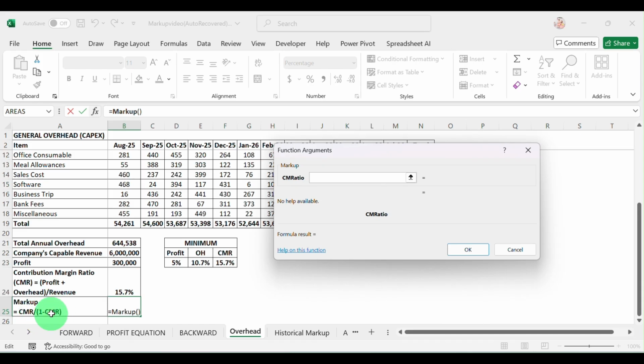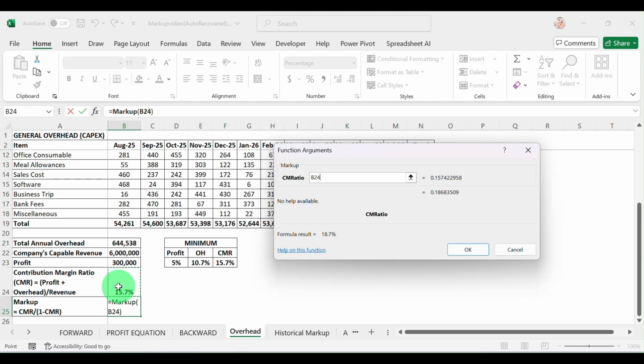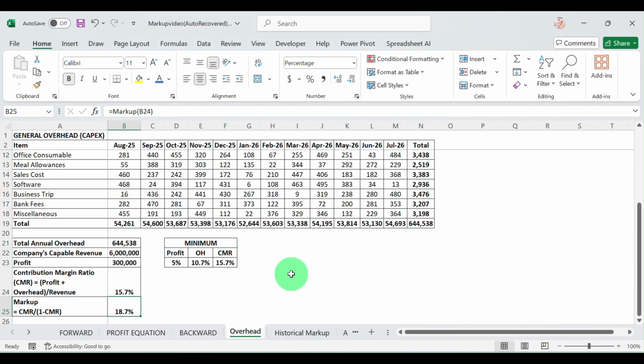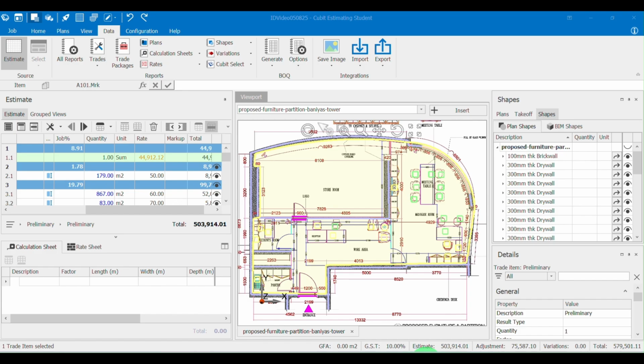They just have one argument, CMR, which means contribution margin ratio. So I will choose it here and click enter. Okay. So in this case, I have our markup is 18.7%.